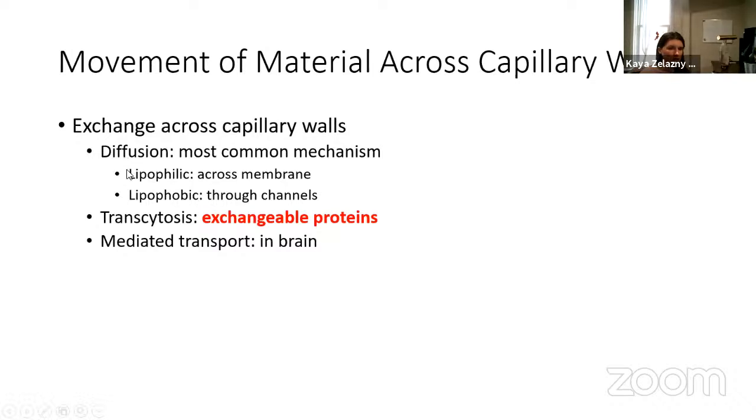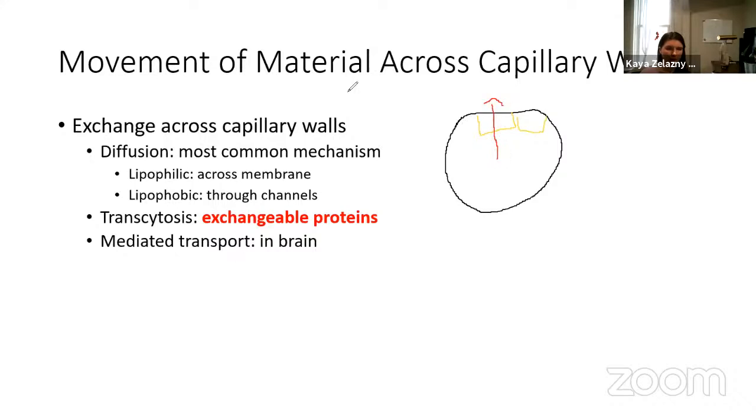We're going to need molecules that are lipophilic, so attracted to fats, like other nonpolar things, to be able to diffuse directly across that membrane of the capillary walls. So we're thinking not moving through those pores, but moving through the cell itself.